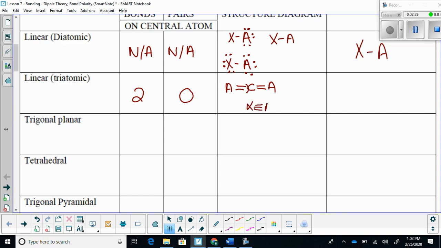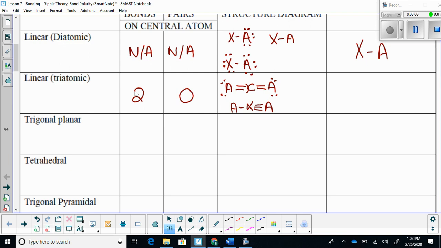It is triple bonded to one of our peripheral atoms and single bonded to another. That's another variation. Oh, this should have some lone pairs on it. Does anybody have any other variation? Not as likely.